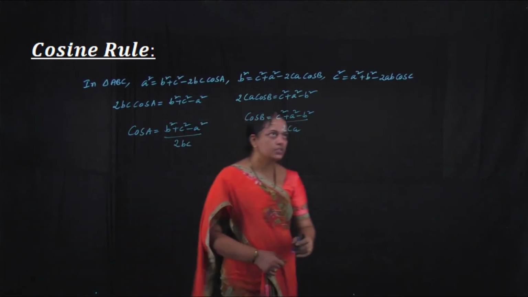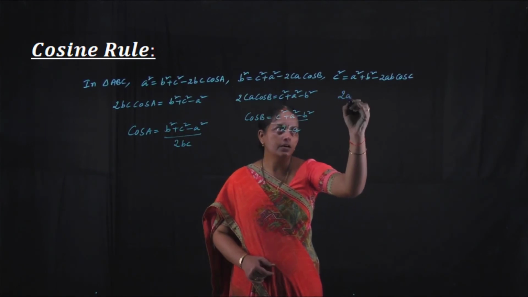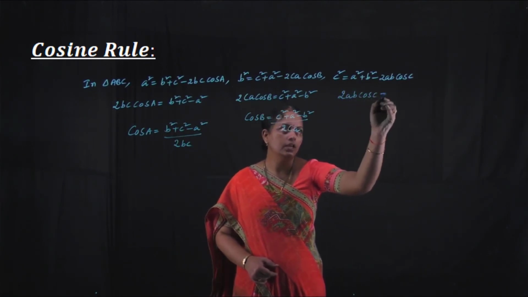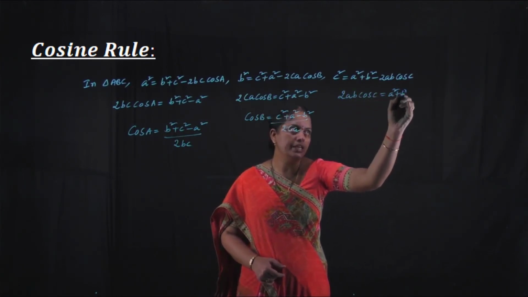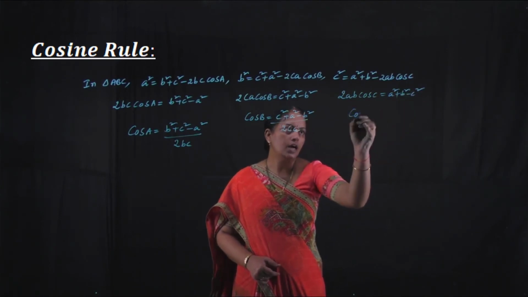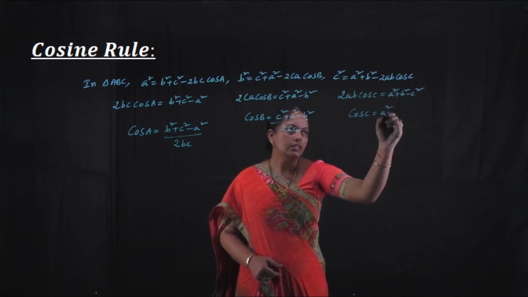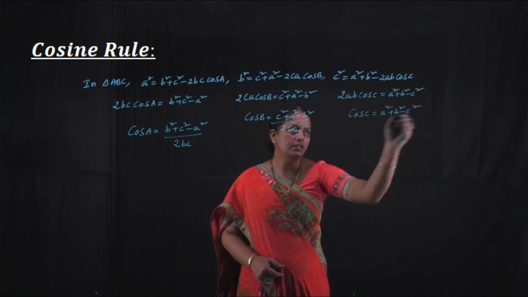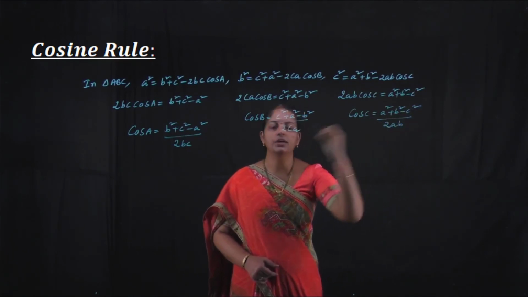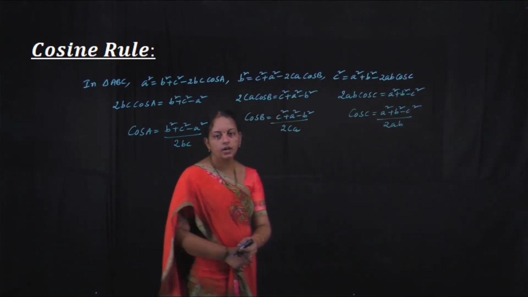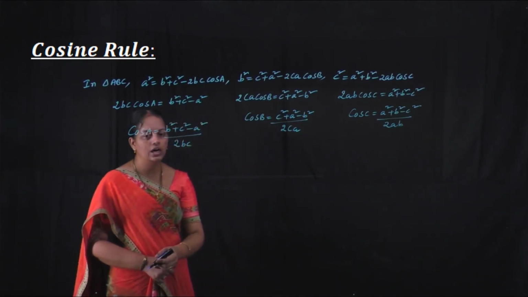Similarly, 2ab cos C is equal to a square plus b square minus c square, and cos C is equal to a square plus b square minus c square by 2ab. These three rules are called the cosine rule or law of cosines.